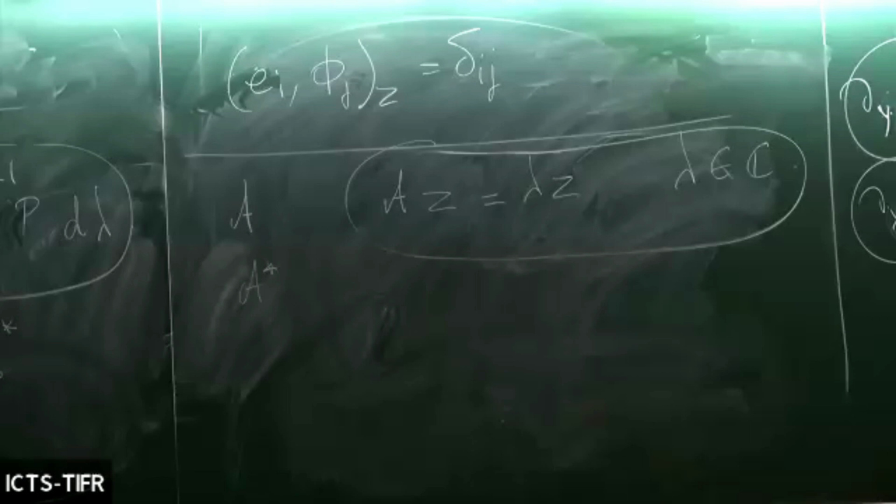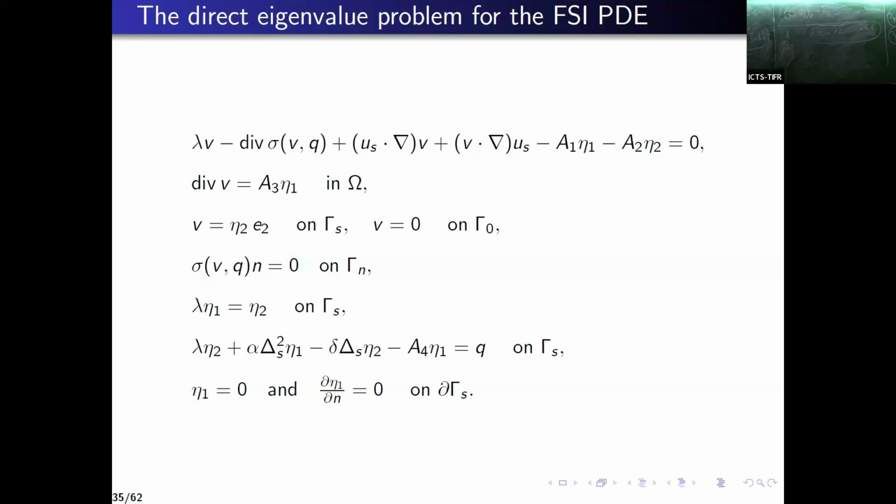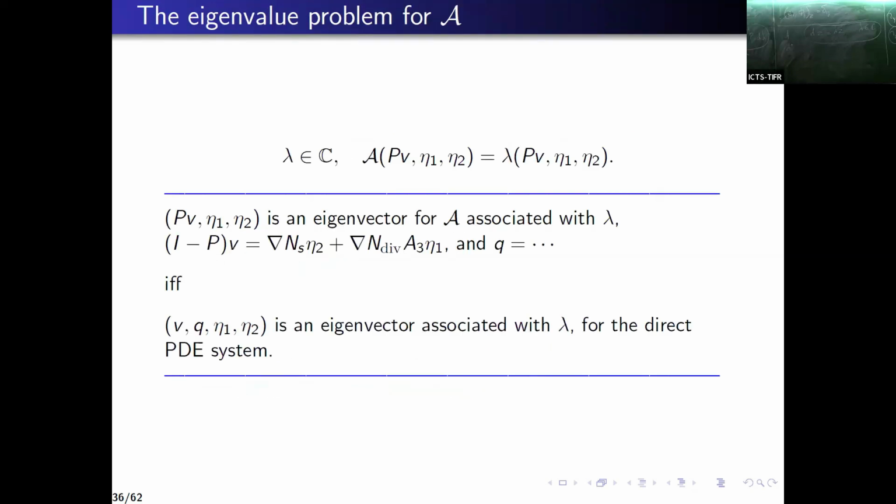They are the same, but we need to know what is the meaning of this bi-orthogonality condition. So what can be proved is this fact.